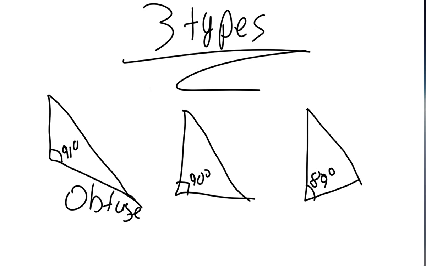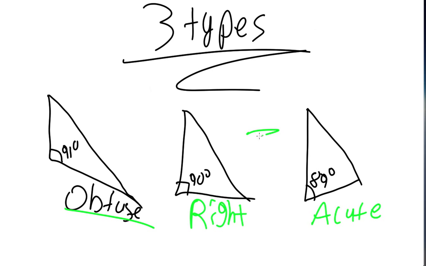So let me just write that so you guys can see it: obtuse, right, and acute. Now Salcott will be explaining to you why these triangles are named such.